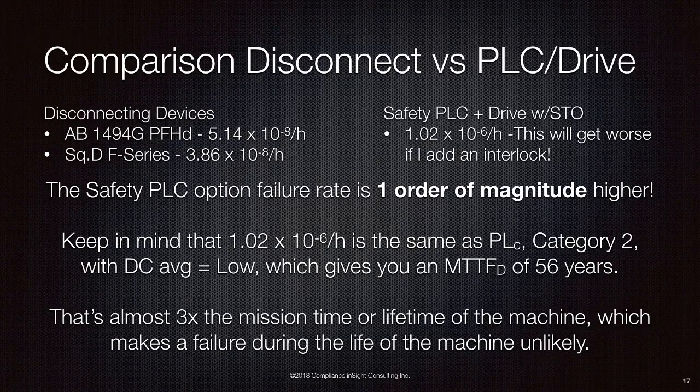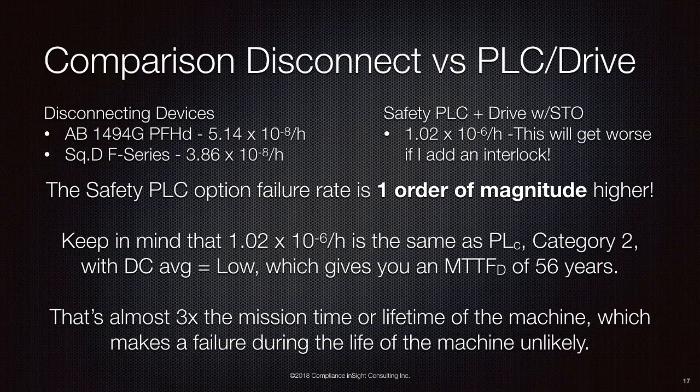So when we look at Annex K again, I find that 1.02 times 10 to the minus 6th failures per hour is in the same range as performance level C category 2 with DC average of low. Okay, and if I read across to the edge of the chart, what I find is that PFHD number and that category in DC equates to an MTTFD of about 56 years.